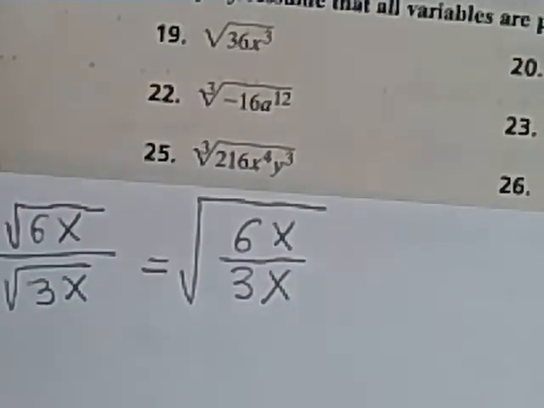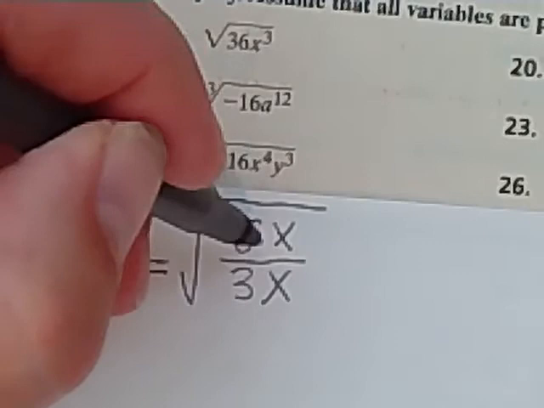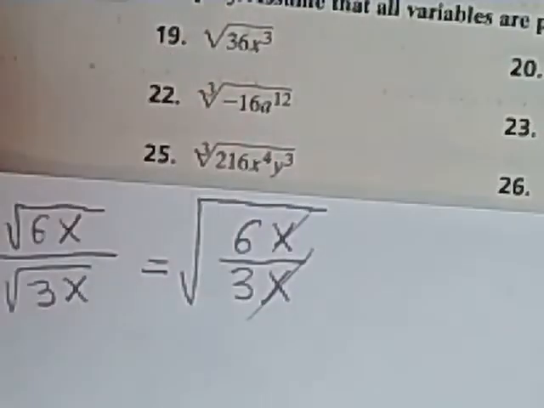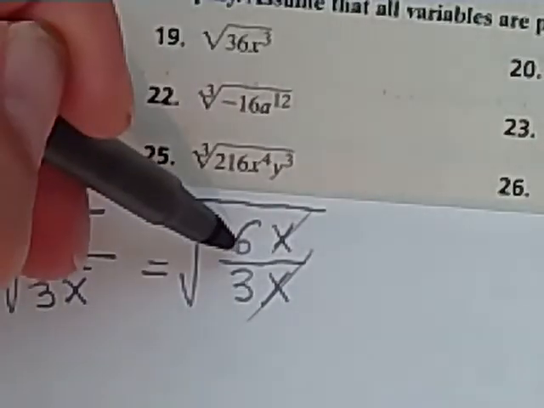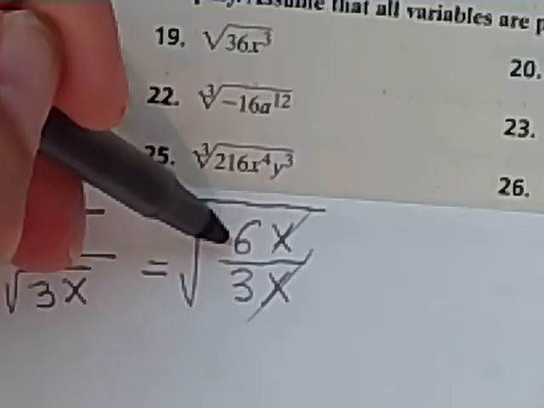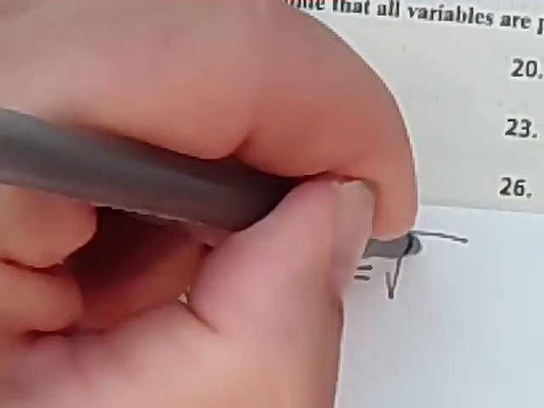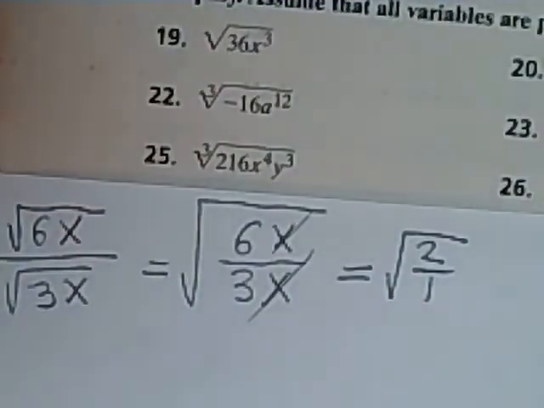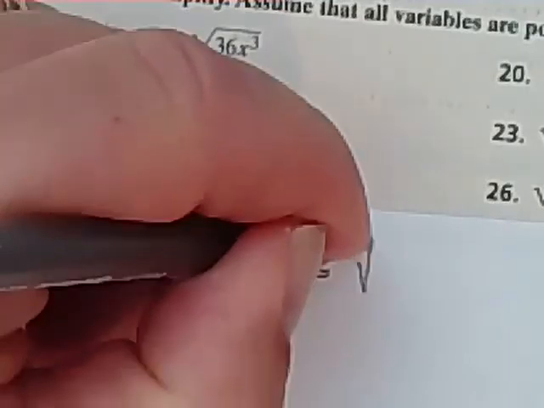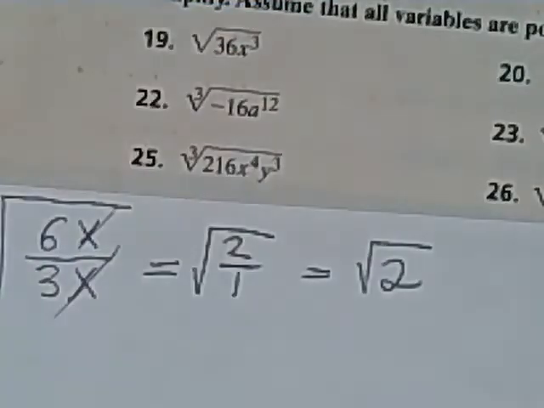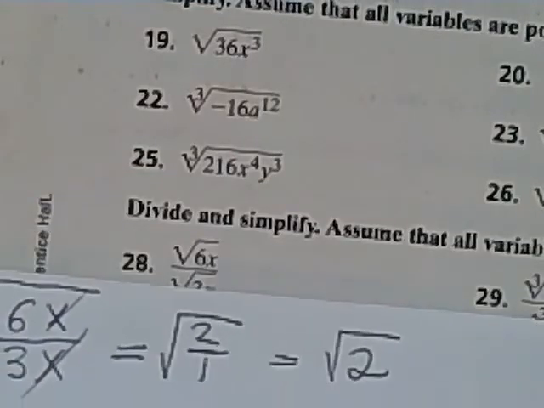And now I see I can simplify it by canceling out the x's and then ask myself, what is 6 divided by 3? Well, 6 divided by 3 is 2. I mean, you could write this as 2 over 1. No one does that. We would say the answer is the square root of 2. That is my answer for number 28.